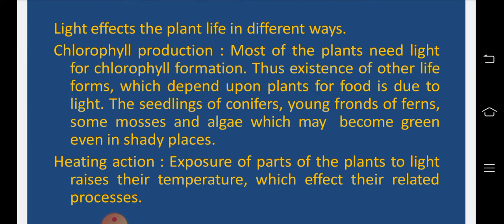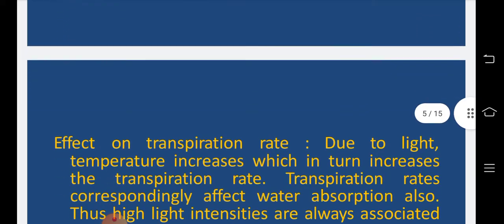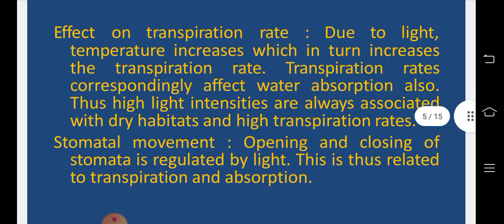Heating action. Exposure of parts of the plants to light raises their temperature, which affects their related processes. Effect on transpiration rate. Due to light, temperature increases, which in turn increases the transpiration rate. The transpiration rate correspondingly affects water absorption also.